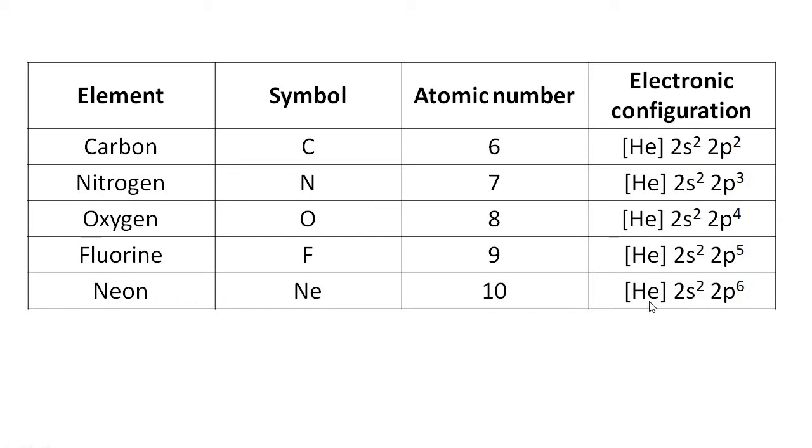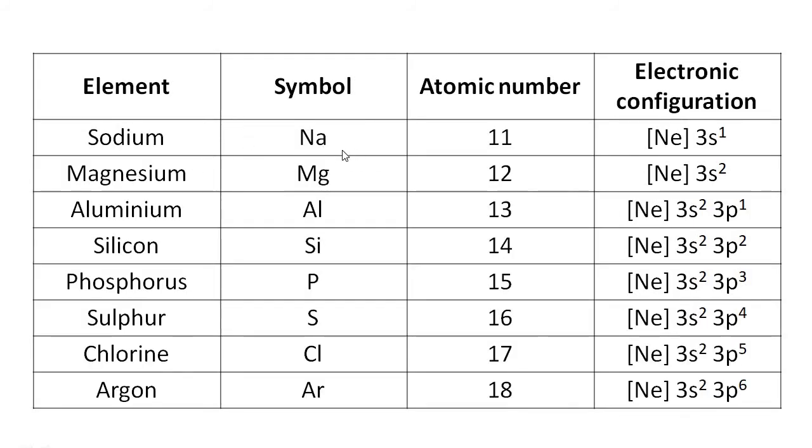So here helium has 2 electrons and the 2s orbital has accommodated 2 electrons. Here the last electron pairs up with the electron of the 2pz subshell. So here see the electronic configuration. It has a completely filled 2s2 orbital with 2 electrons, and 2p orbital with 6 electrons. That means it follows Hund's rule.